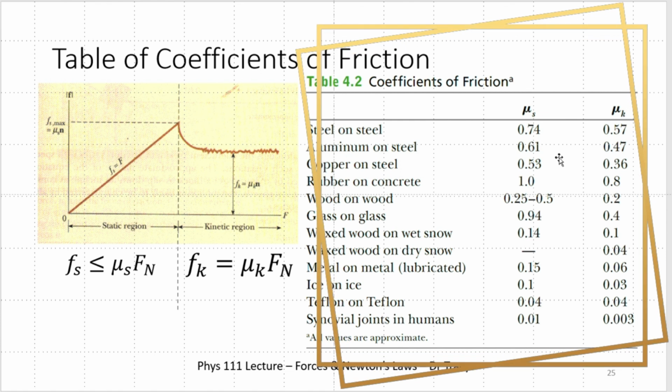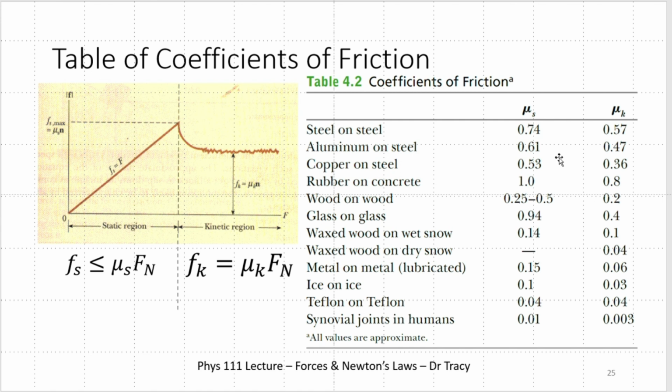Here's a table on the right-hand side of several different surfaces in contact with each other. Take note of the relative details for the static coefficient of friction and kinetic coefficient. The kinetic coefficient is much lower on average than the static coefficient.